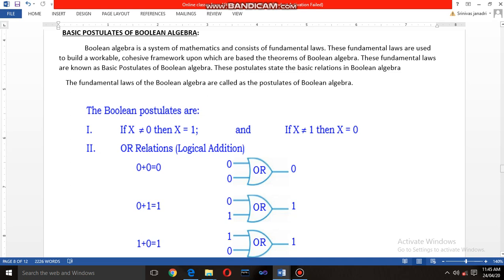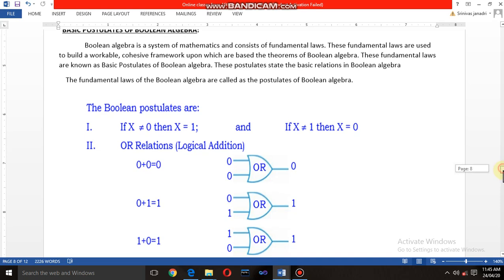When x is not equal to 1, it is a 0. If the variable x is there in Boolean algebra, it must have either the value 0 or else 1. Here the very first Boolean postulate is that if x is not equal to 0 then x is equal to 1, and if x is not equal to 1, it must be 0. That is the first fundamental law or postulate.